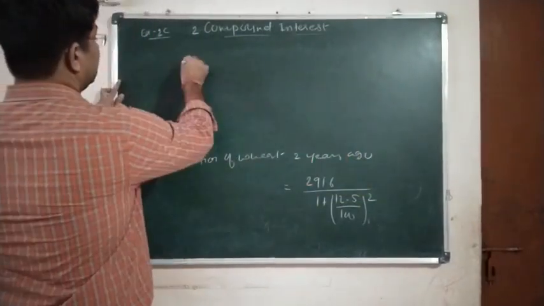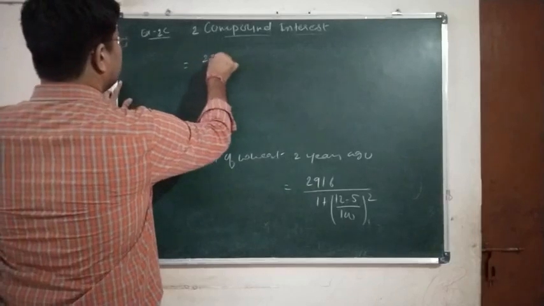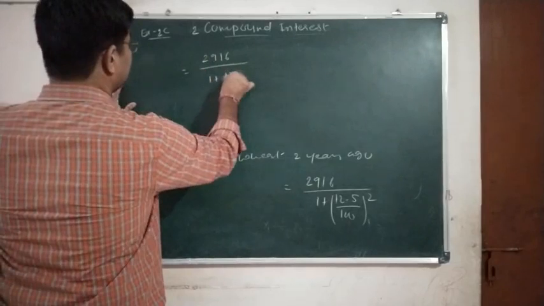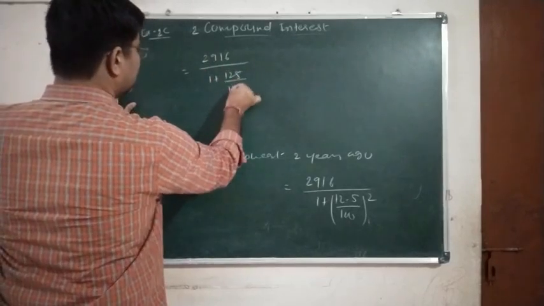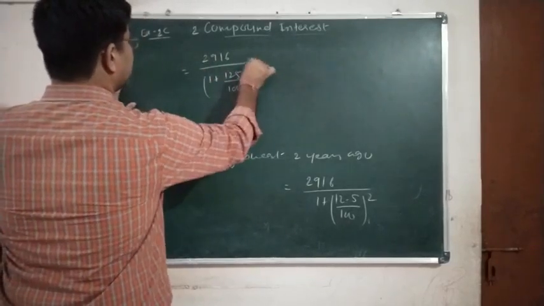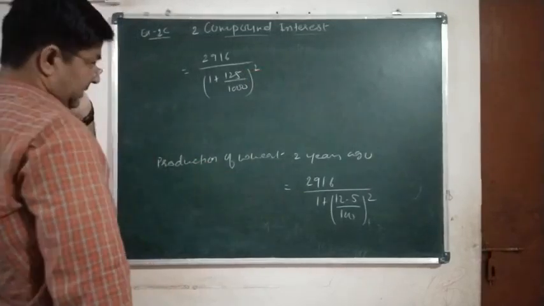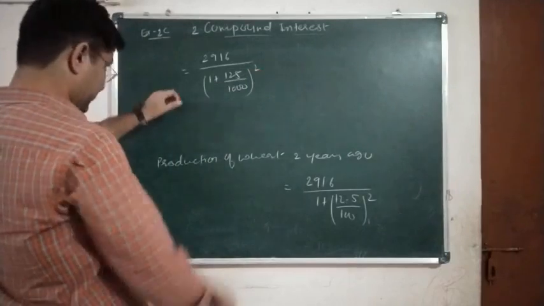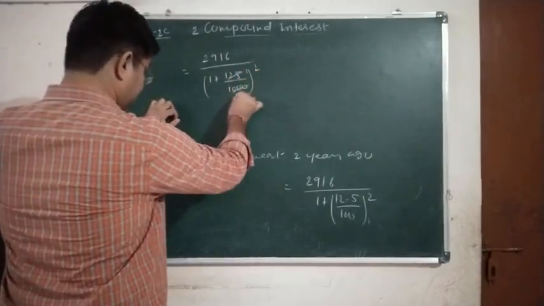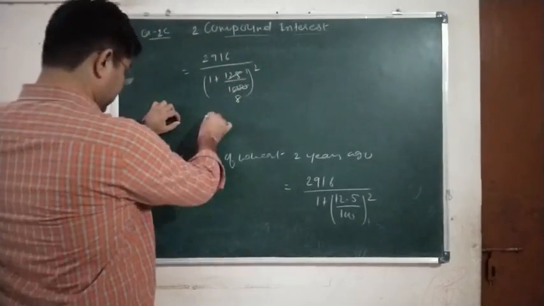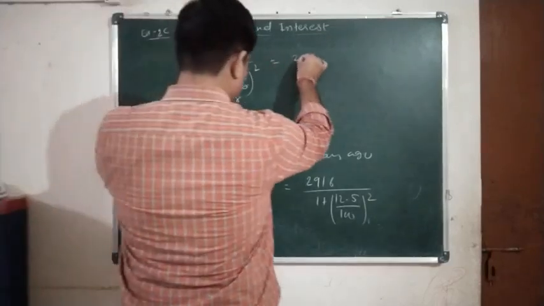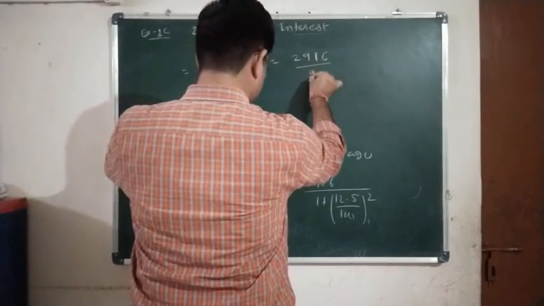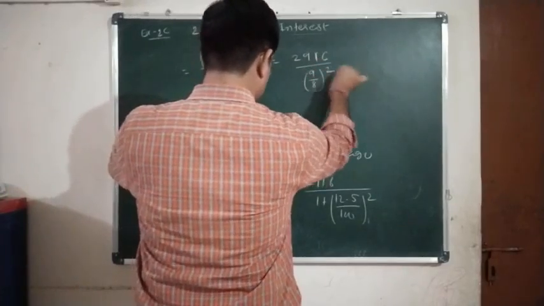Equal to 2916 upon (1 plus 125 upon 1000) raised to 2. Okay, 125, yes or no? 125 8s are 1000. So 2916 upon (1 plus 1 upon 8), that is 9 upon 8, raised to 2.